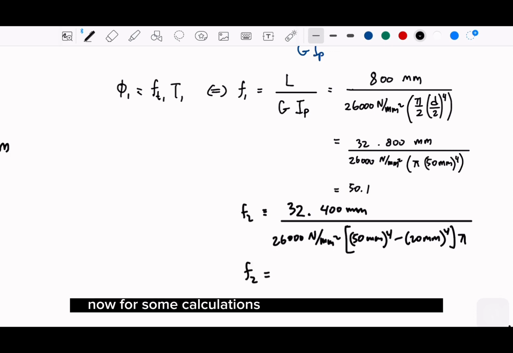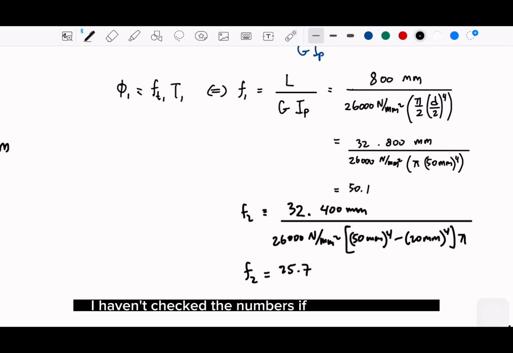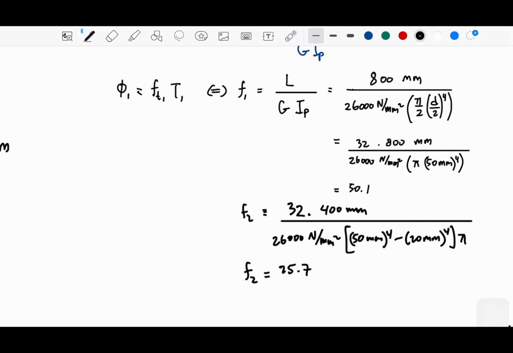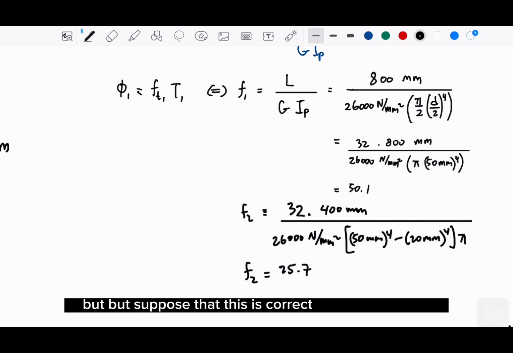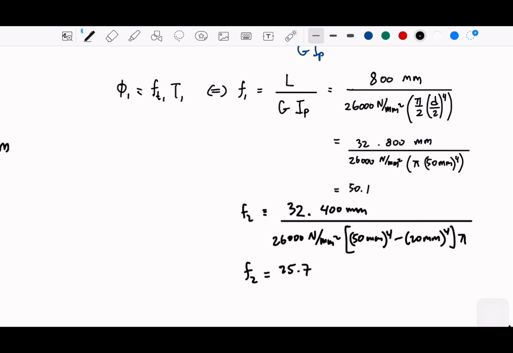And after some calculations, this will be equal to 25.7. I haven't checked the numbers if it's correct or not, but suppose that this is correct calculations.